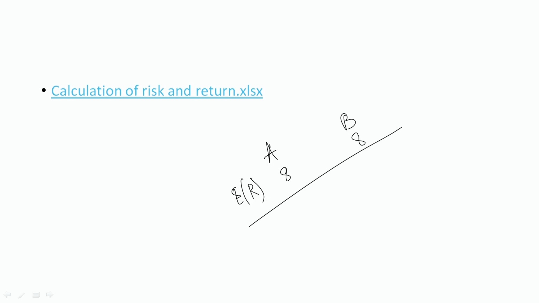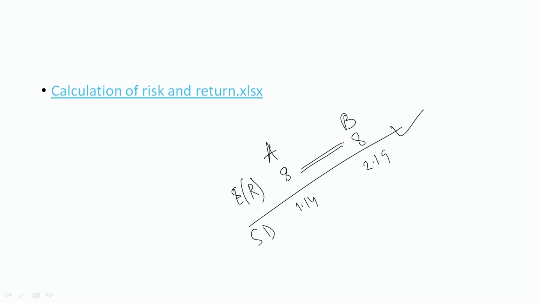If on the basis of this calculation we take the decision, our decision may be faulty, because standard deviation in case of A is 1.14 and in case of B is 2.19. Now which particular stock is risky? We can simply say that stock B is risky.